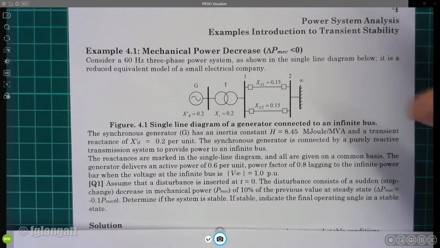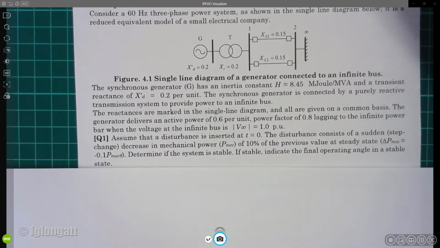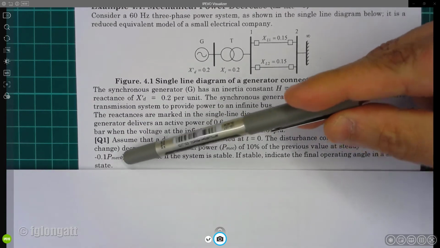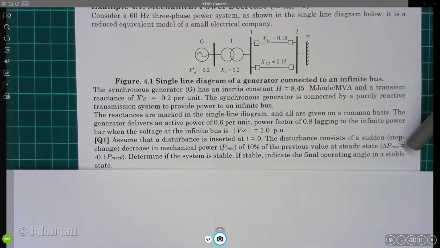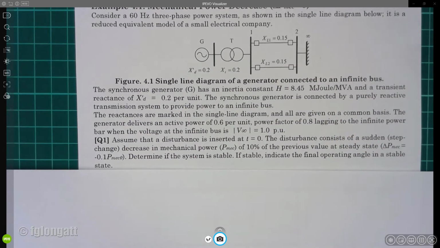What I'm trying to tell you is that the original mechanical power is P mech 0, but there is a reduction, delta P mech, and that is 0.1 times, or 10%, of the original power.